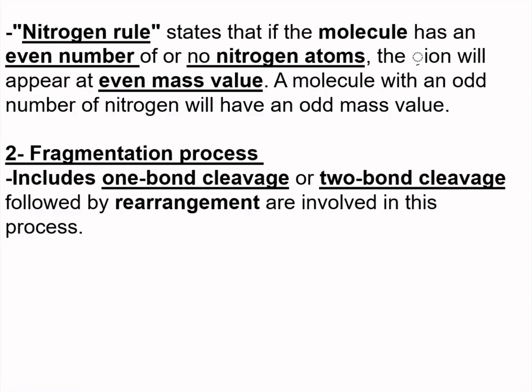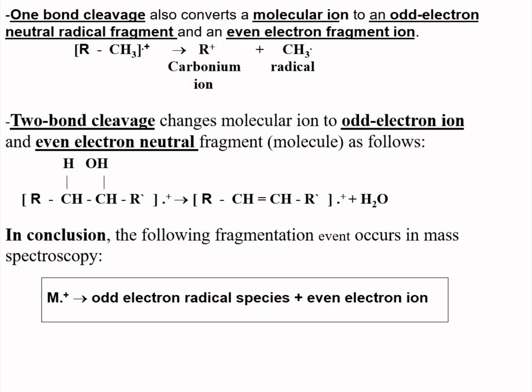Second, the value of mass spectrometry in the fragmentation process. It gives an idea about the structure, because each chemical structure has a certain way of fragmentation. It includes two bond and one bond cleavages. One bond cleavage usually produces an odd electron radical and an even electron ion.